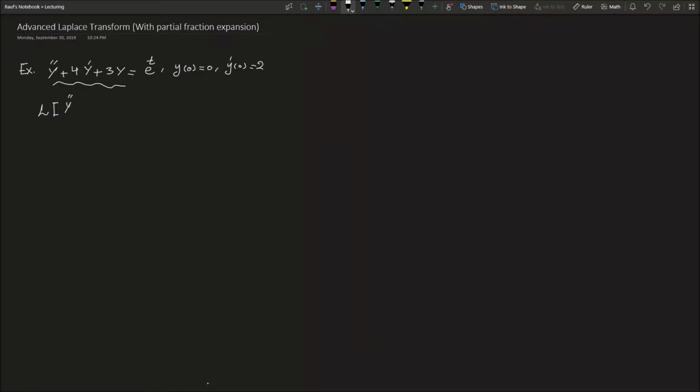Laplace transform of y double prime plus 4 Laplace transform of y prime plus 3 multiplied by Laplace transform of y equals Laplace transform of the function e to the power of t.